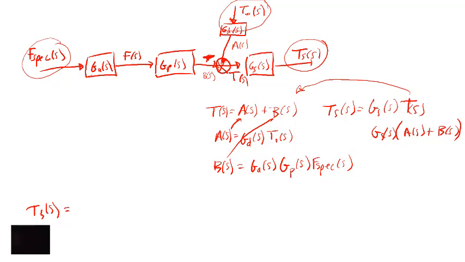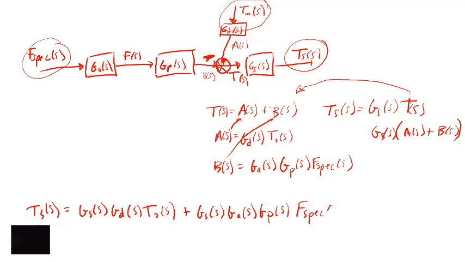For the A term, I have G of S out in front, which I have to distribute through, and then we have G of the disturbance times the input T naught of S, plus also the sensor G of S times B, which is going to be G actuator times G process in the Laplace domain times F specified in the Laplace domain.